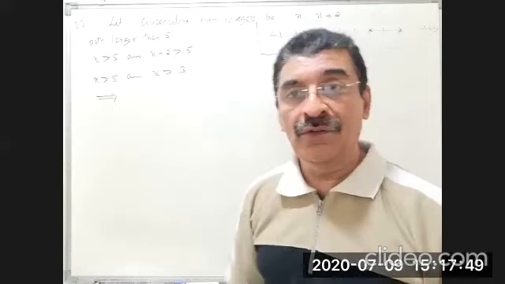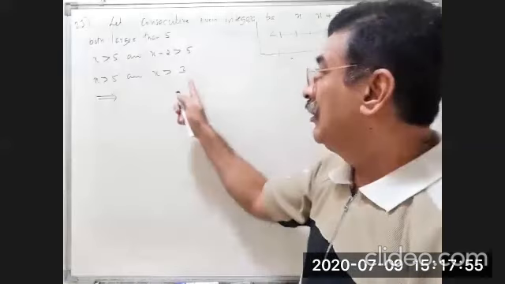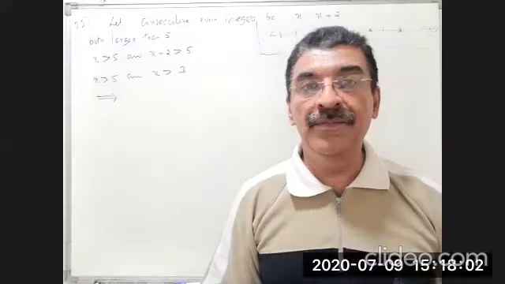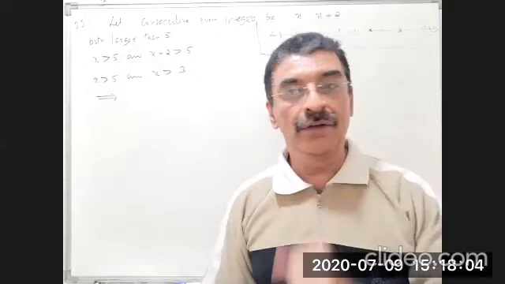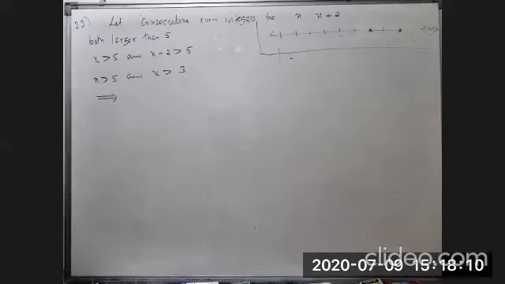But take another number bigger than 3, which is 4. If you are taking x as 4, 4 is bigger than 3. But will it satisfy here? Is 4 bigger than 5? No. So that is wrong. So x is bigger than 5 covers x bigger than 3. I need a person whose weight is more than 50 kg.